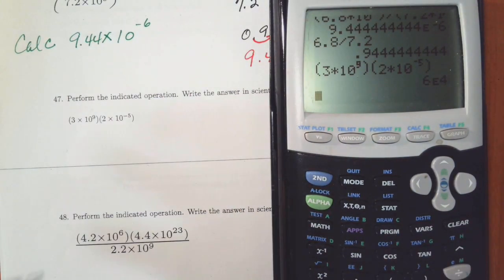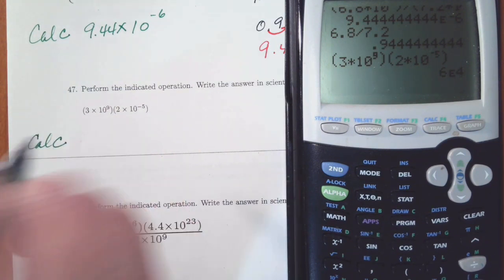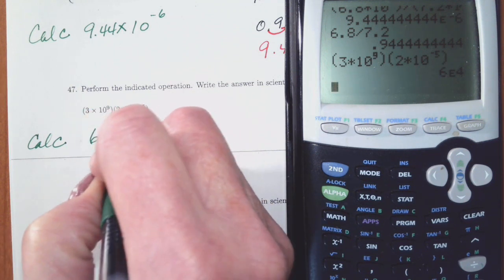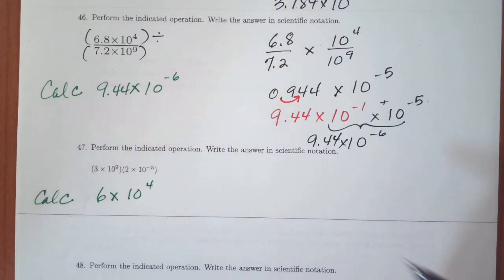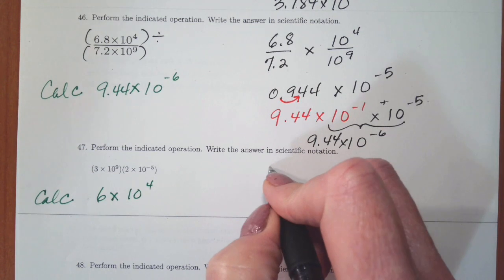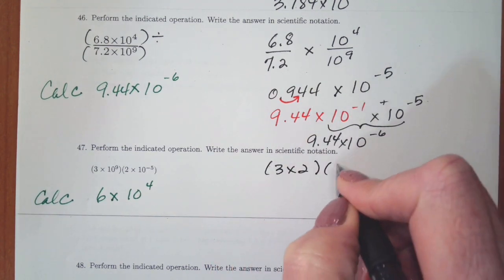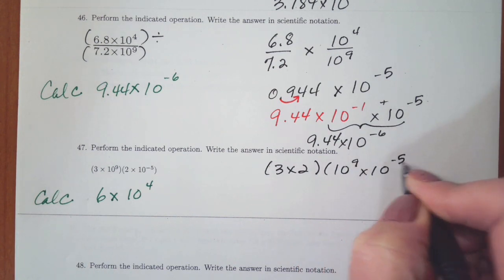So on my calculator, I get 6 times 10 to the 4th. If I do it without a calculator, I'm going to do 3 times 2, 10 to the 9th times 10 to the negative 5.